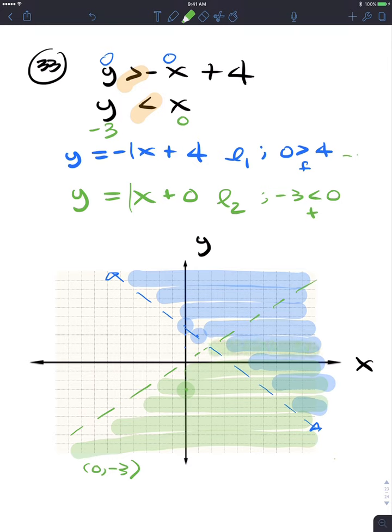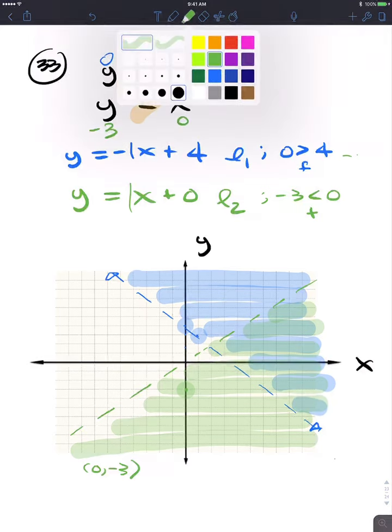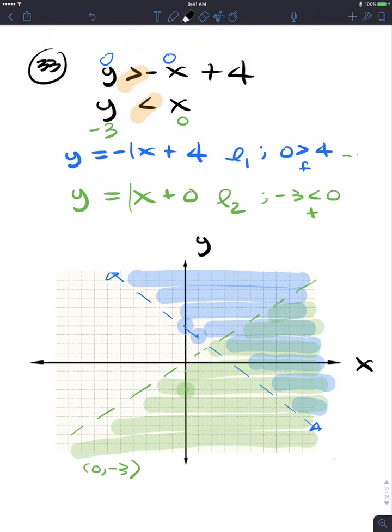Now we're graphing a system of linear inequalities. We're looking for the region that is shaded twice. If you take a closer look, the region that's shaded twice is this region over here. These points in this graph are shaded twice.